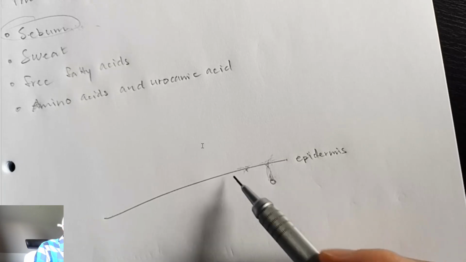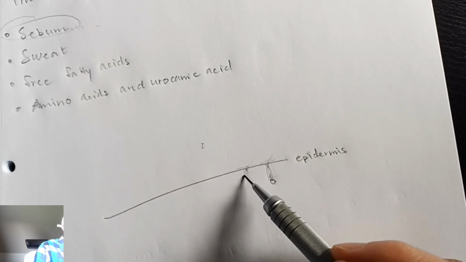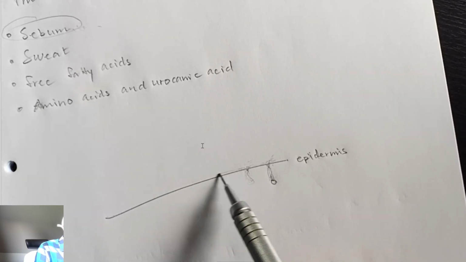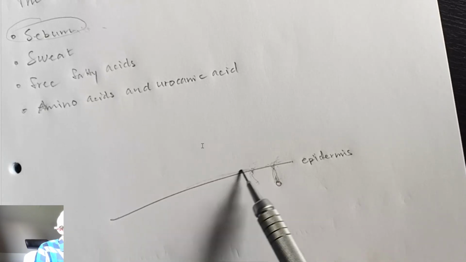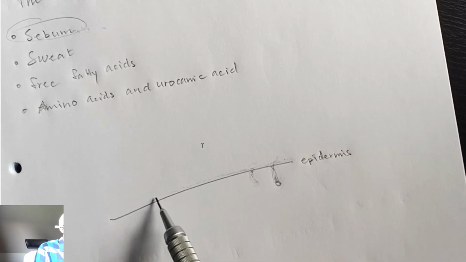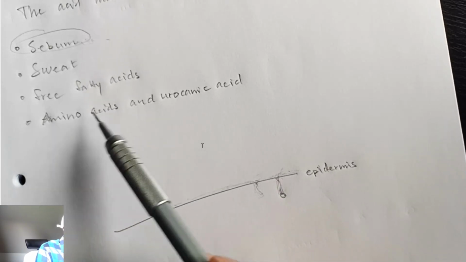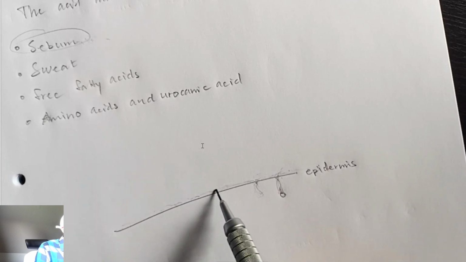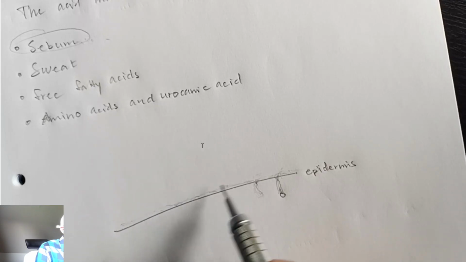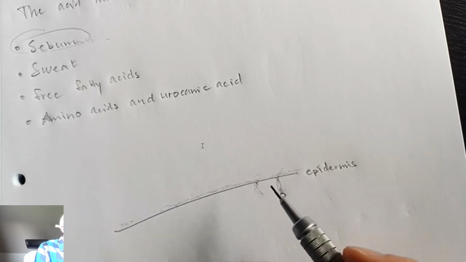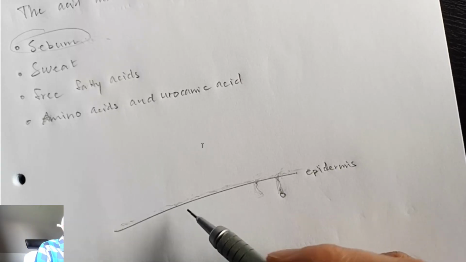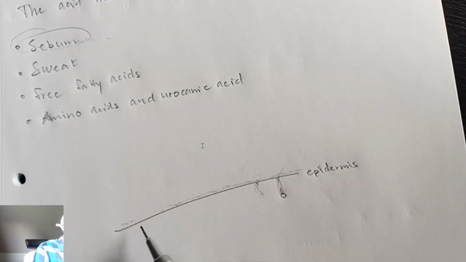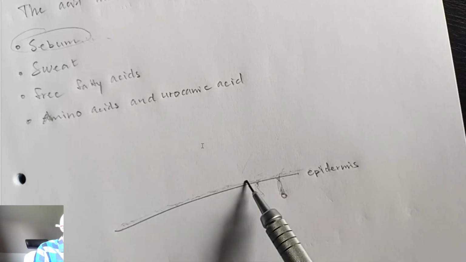It might seem gross, but this oil is actually very protective to the skin, and it is a part of your acid mantle because it protects the other components in the acid mantle as well. If you have an oily layer on top of your skin like this, it protects the skin from being dehydrated, because water can easily escape if it doesn't have any protective layer at all.